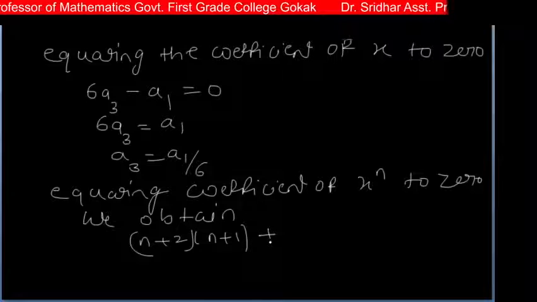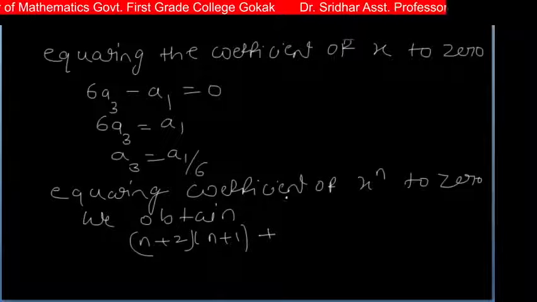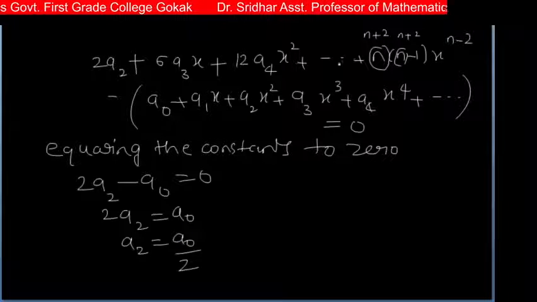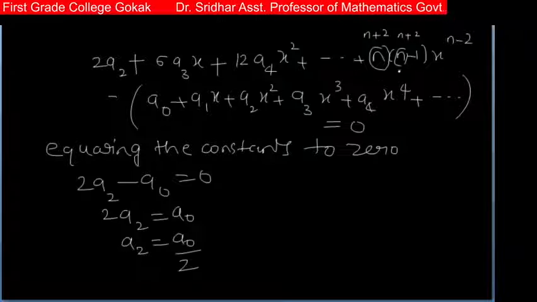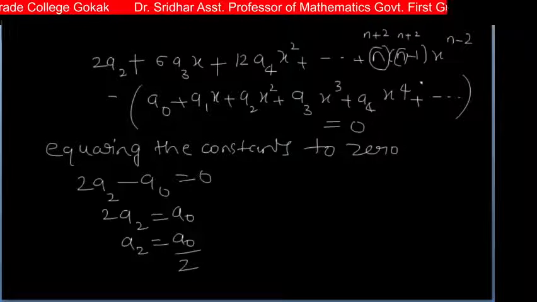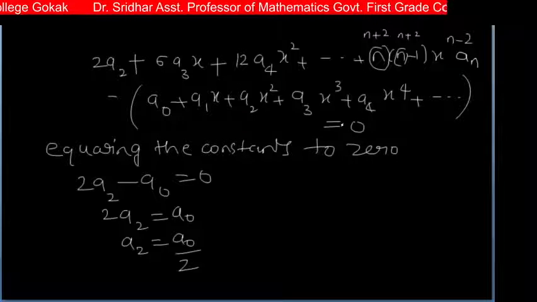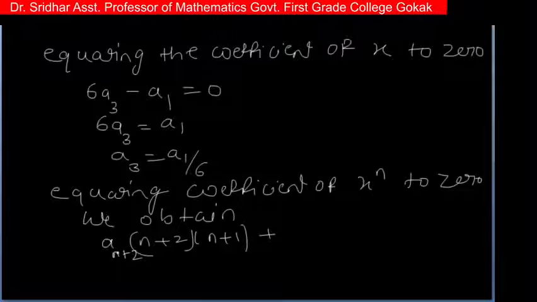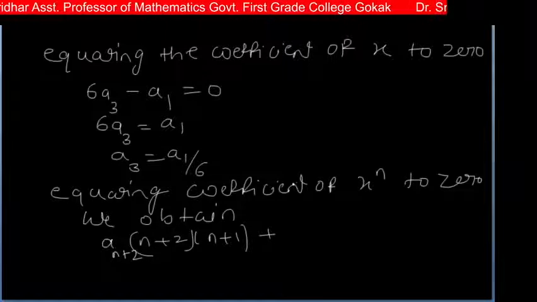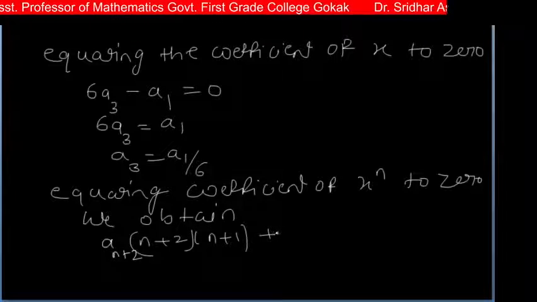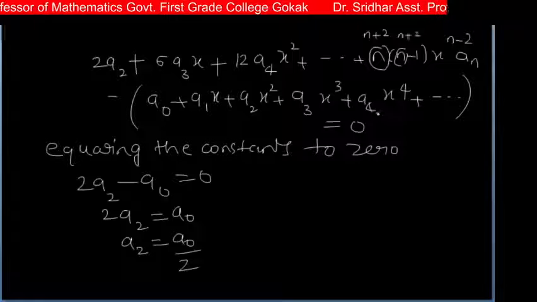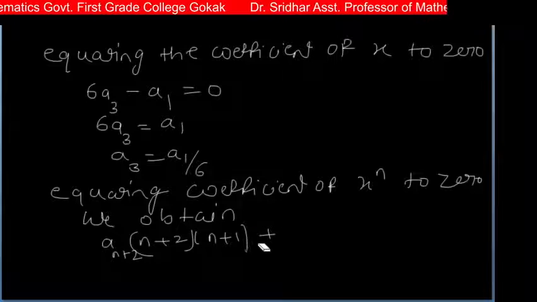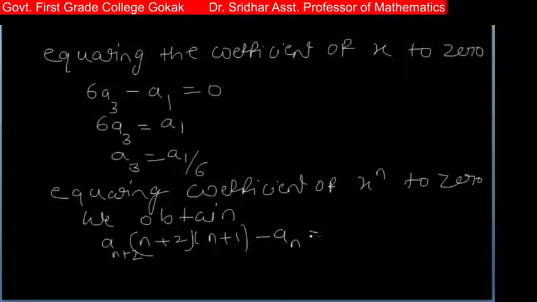Then plus, one more term is there, which is an, so this becomes a, and I replace n by n plus 2, giving a n plus 2. Then in the next term, the coefficient of x raised to n is a raised to n, so this is minus an, equal to 0.